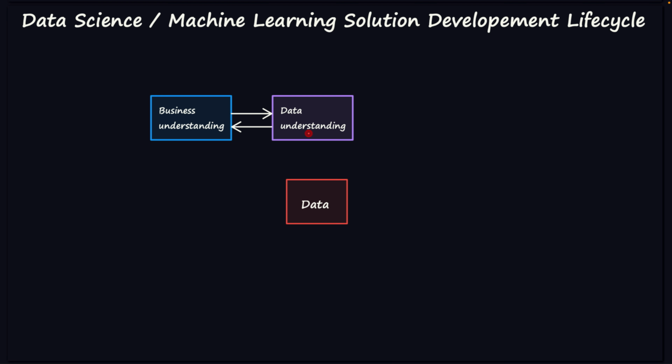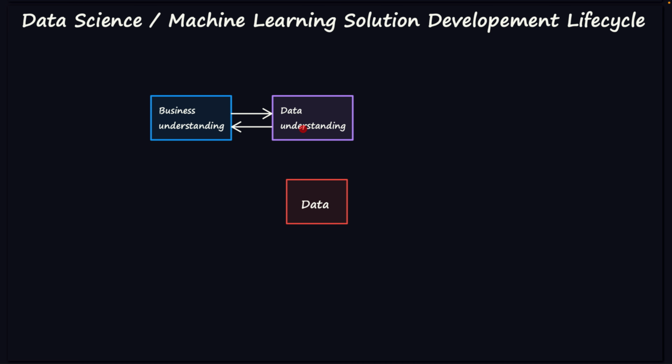Then the next step is data understanding. This is where we have some data, we may need to collect more data, or we might need to tweak some of the data so that we'll be able to meet the business requirement. So we'll go back and forth in these two phases to understand what the business wants and analyze what data we have to support that. If we don't have data to support it, then we will see whether we will be able to capture the data and so on.